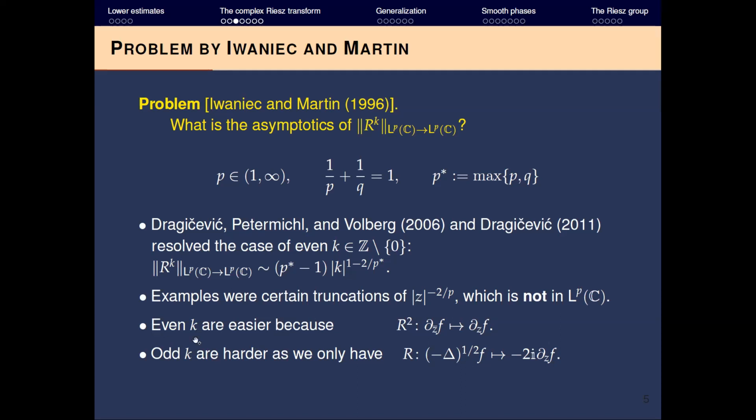Well, certainly the case of even exponents k is easier, because R squared is just this nice local operator. But in the case of odd numbers k, you only have an expression like this one, which still allows you to work with it, but it's not a local operator, and it's not something that you can have in a completely explicit sense.